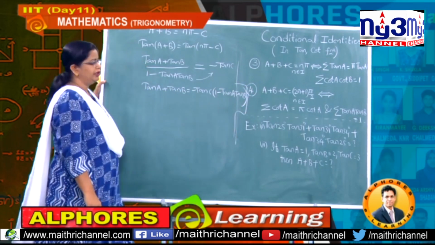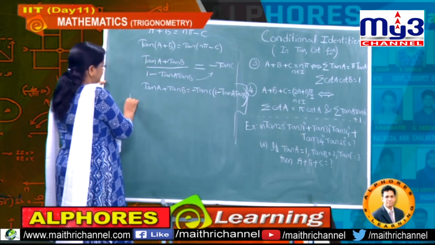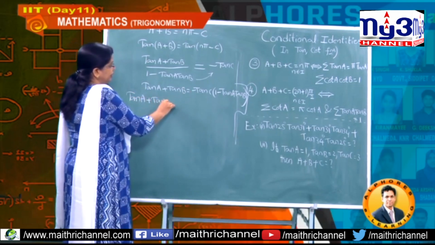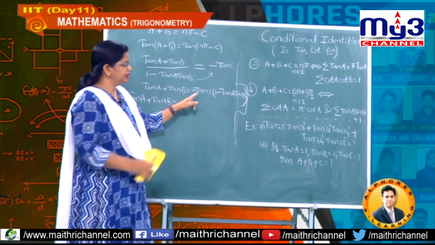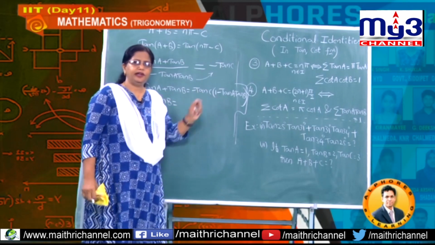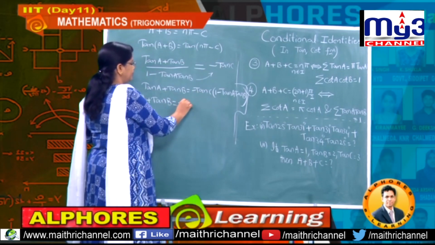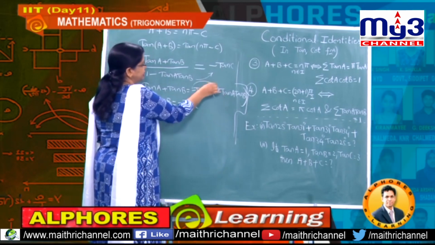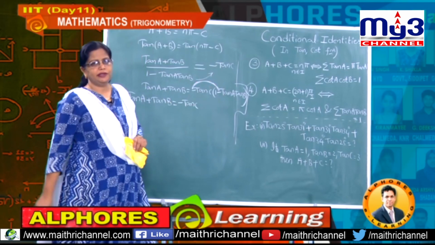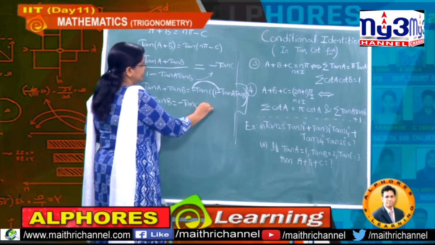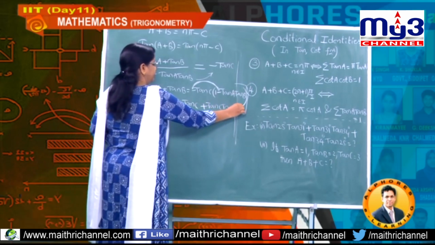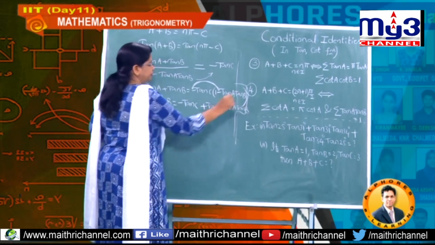Now if you multiply, minus tan c into 1 is minus tan c. After that, minus into minus is plus, therefore plus tan c, tan a and tan b, right. So this is the value we obtained.